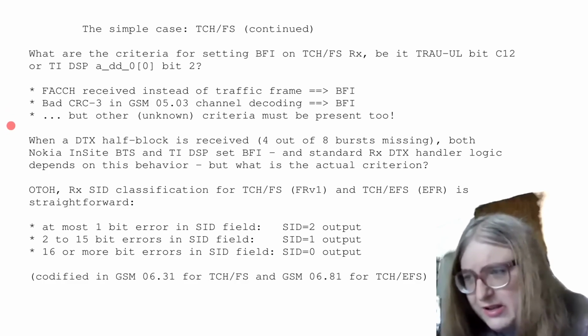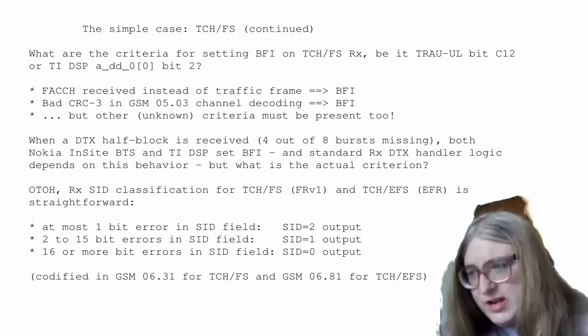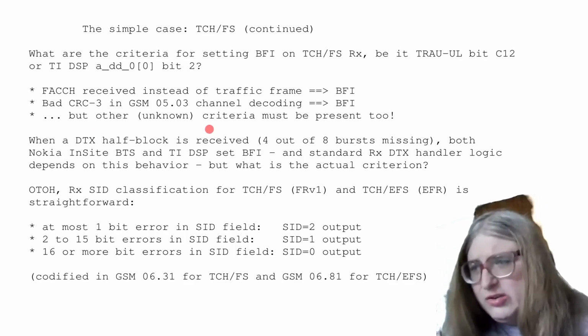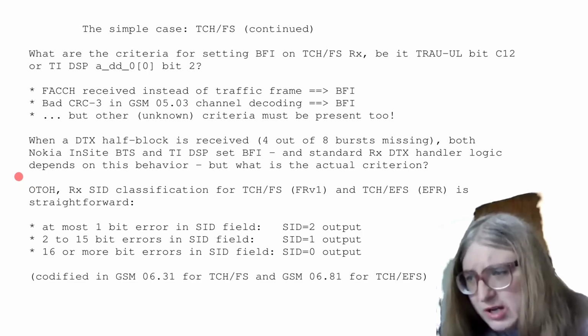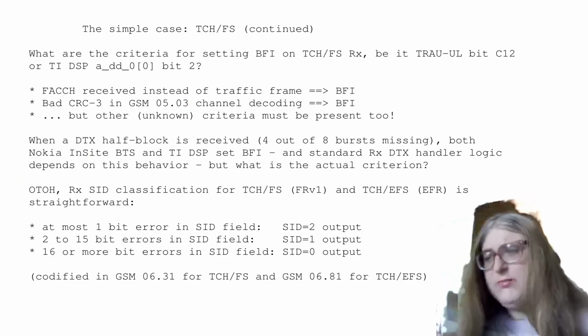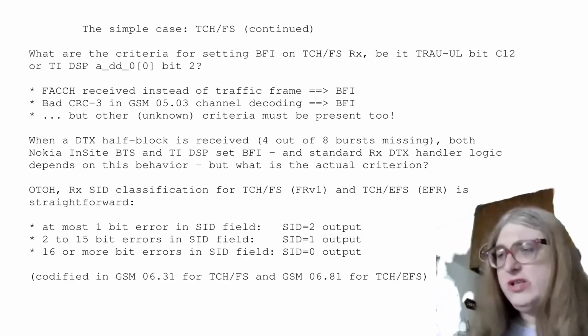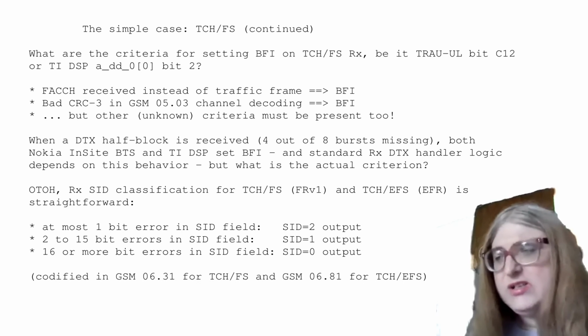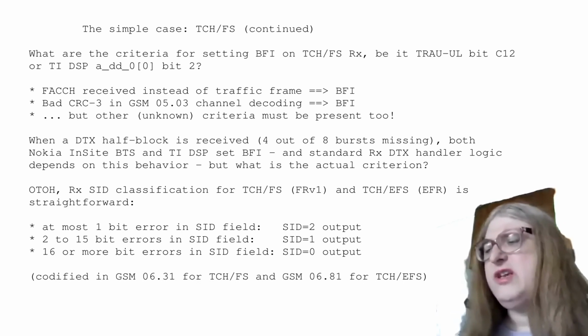But then, in all cases, on both network side and mobile side, we have additional criteria. Not just these two criteria which we've covered, but also these unknown criteria for BFI, which I'm still quite interested in, because consider what happens in the case of DTX.